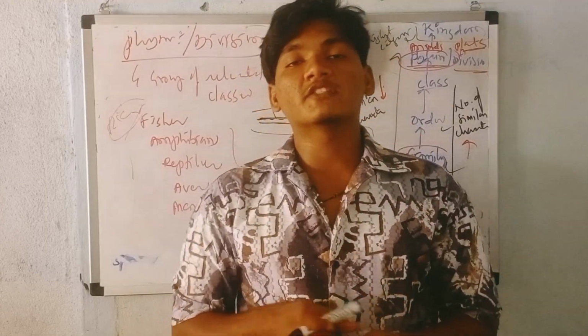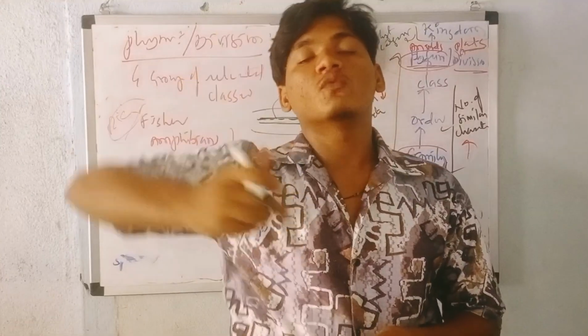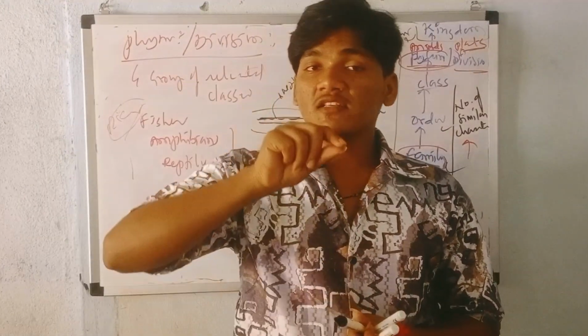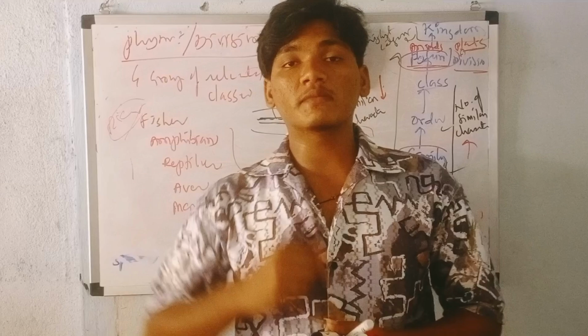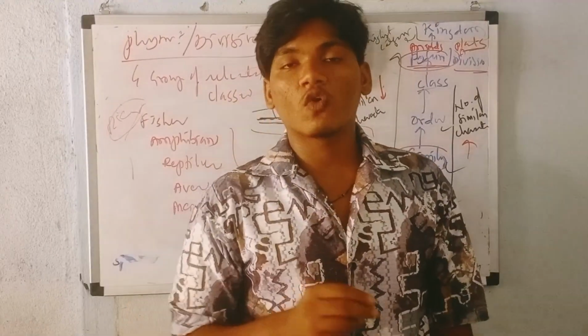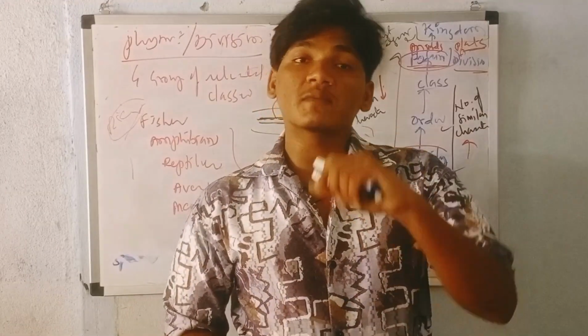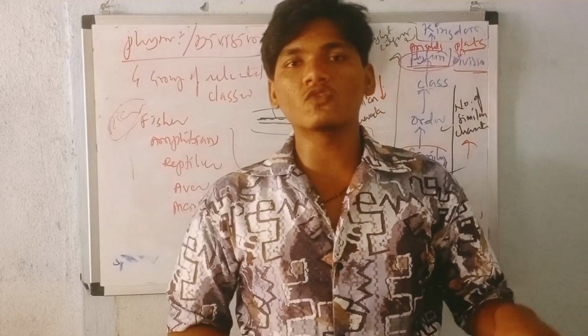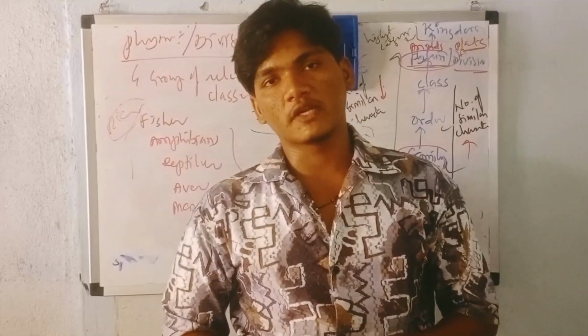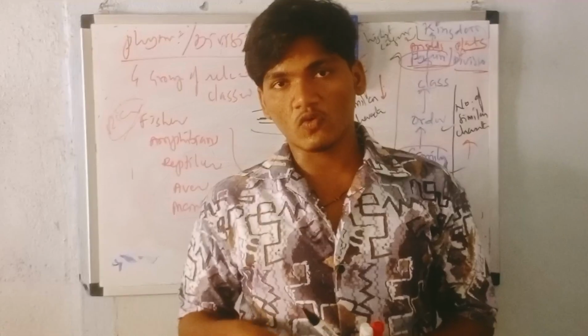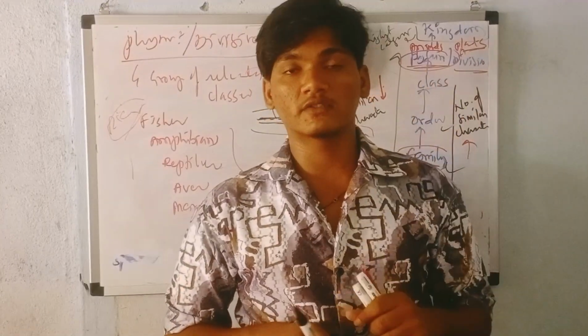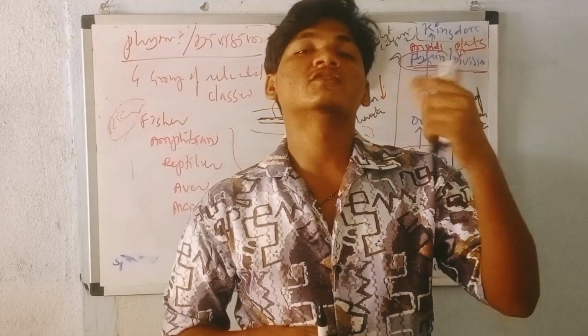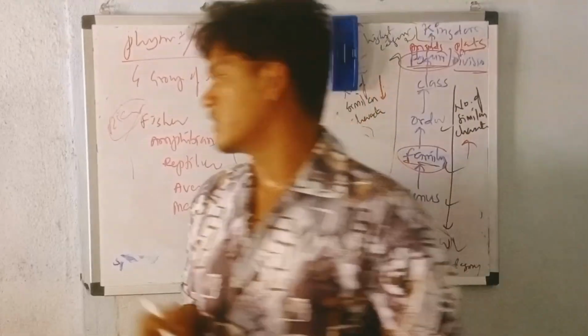In some organisms, the notochord is modified into the vertebral column. Organisms in which the notochord is modified into the vertebral column are called vertebrates. Those organisms in which the notochord is present as a notochord, like urochordates and cephalochordates, are non-vertebrates.